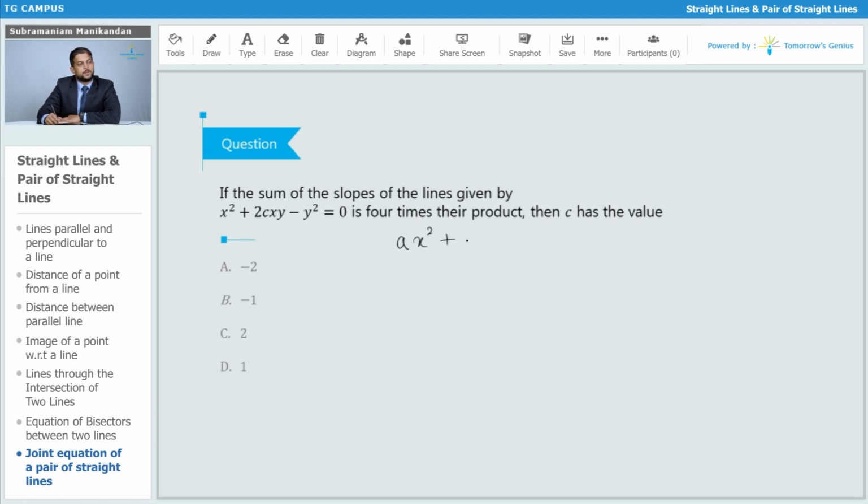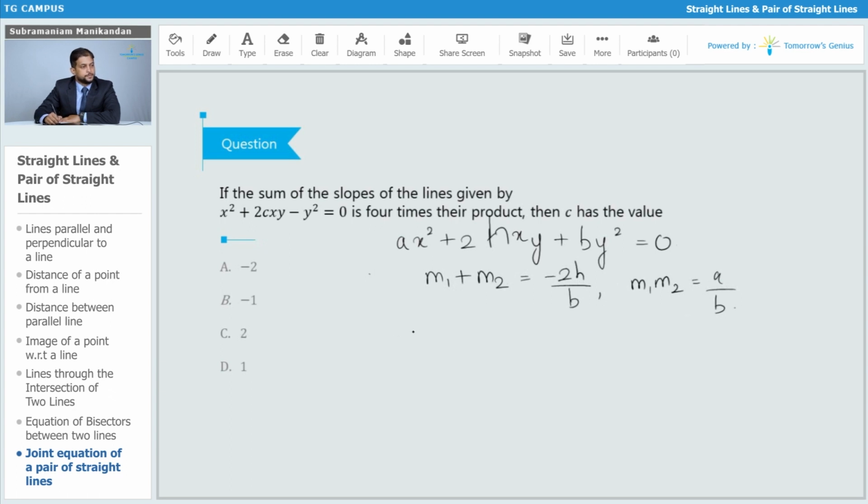ax square plus 2hxy plus by square equals 0. So when you have the slopes of the lines as m1 and m2, m1 plus m2 is minus 2h by b, and m1 m2 is a by b.